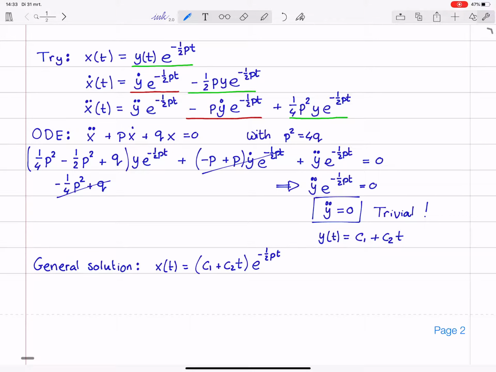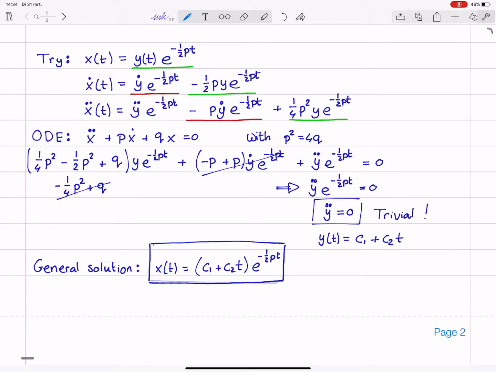All right, so that means that using this exponential trial function that we started with, that initially sounds like a good idea, for the specific case that p squared equals 4q, only one root is produced, and that is the solution some constant times e to the power minus a half pt.